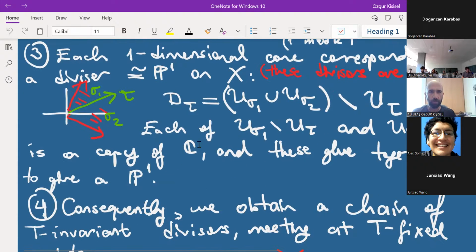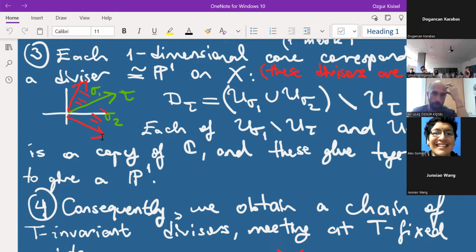One easy way to see this is, let's say tau is the one-dimensional cone that we're interested in. Look at the two neighboring two-dimensional cones, sigma 1 and sigma 2.